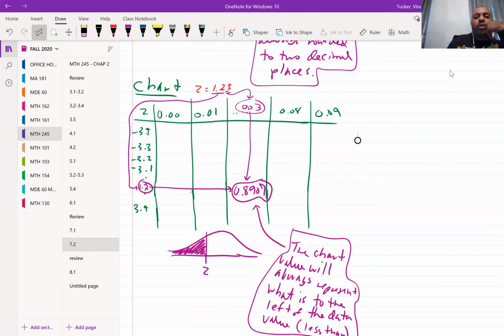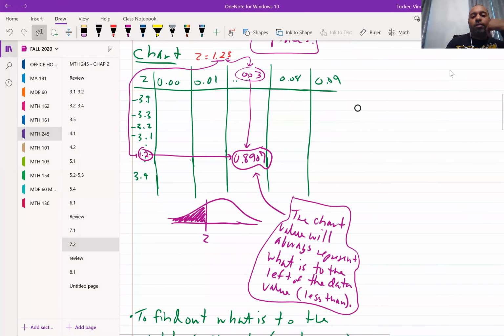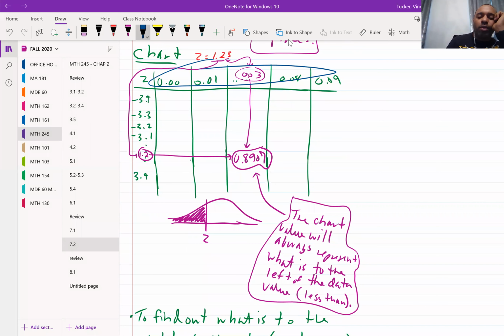All right, so the way we'll read our chart is that, let's say if we had 1.23, we'll take the 1.2, and that will be on this left column right here. And then the 3 would be on this top row.